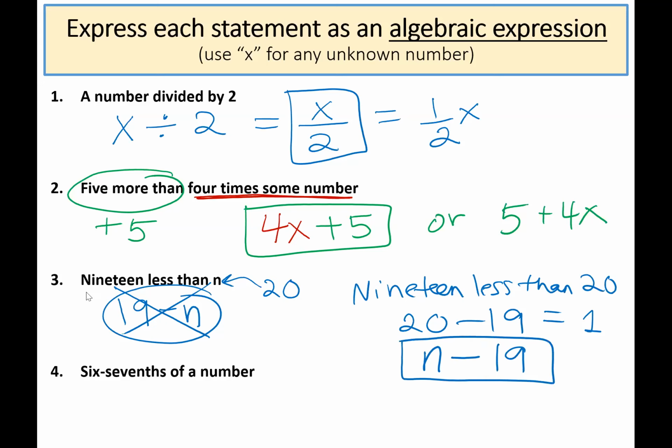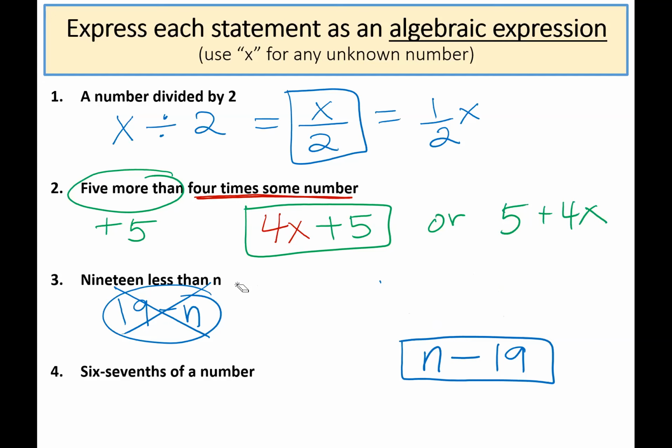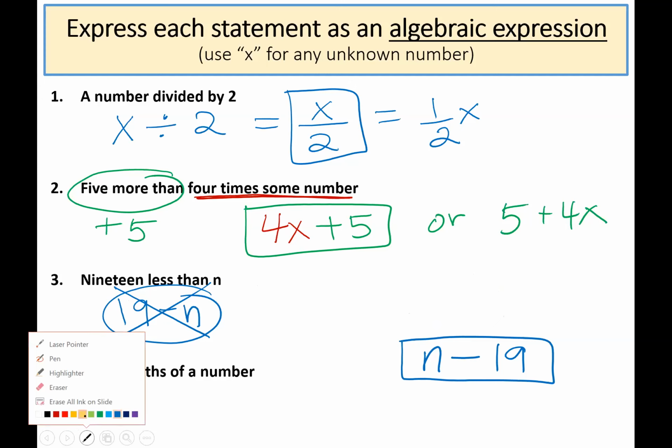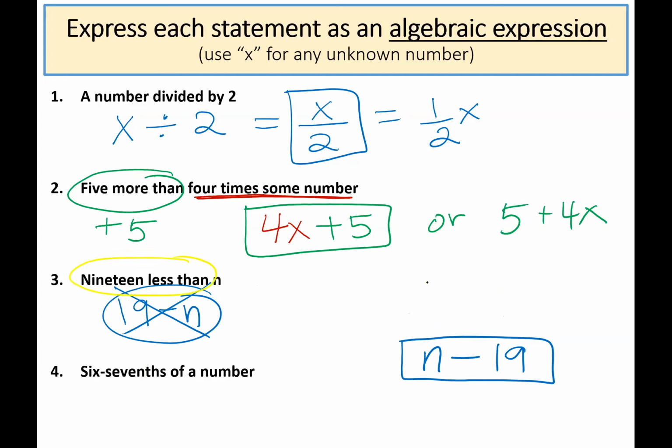So once again, problem number 3, 19 less than n can be translated into n minus 19. All right, I'm going to erase the example with the 20 just so I'm not confusing you too much. So again, 19 less than n, you would write n minus 19. Okay, so the 19 less than turns into subtraction of 19.